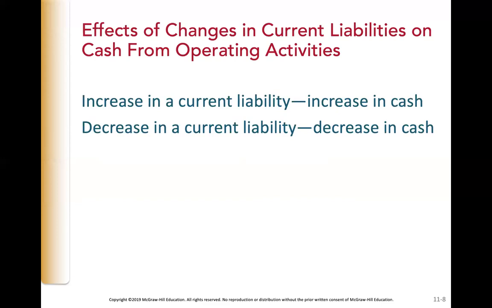In other words, the cash outflow to reduce accounts payable caused cash to decrease by $5,000, but net income was unaffected. So we need to decrease net income by the $5,000 cash outflow.